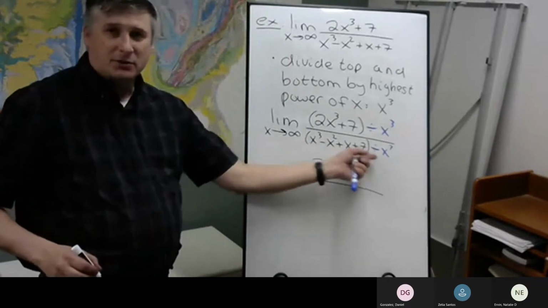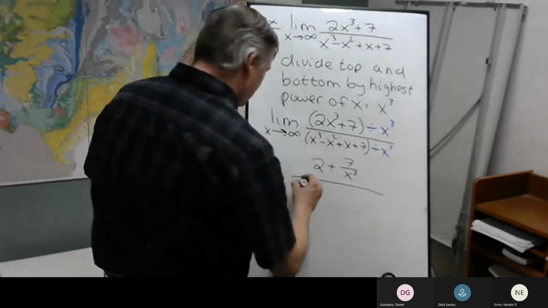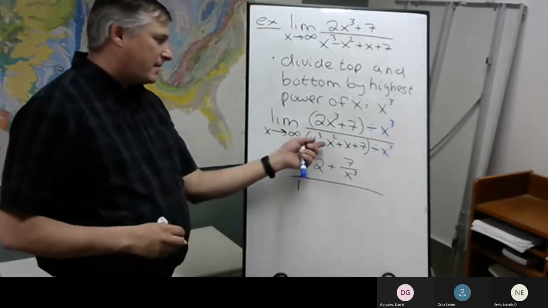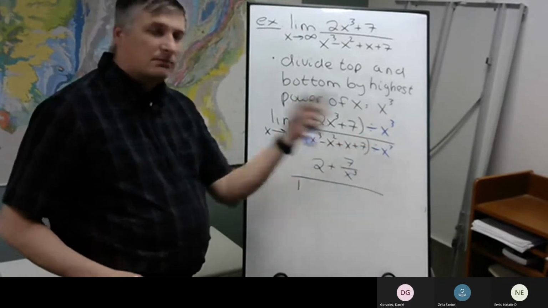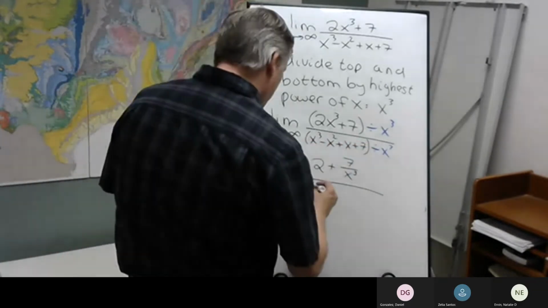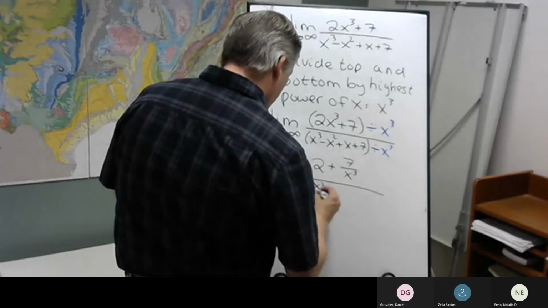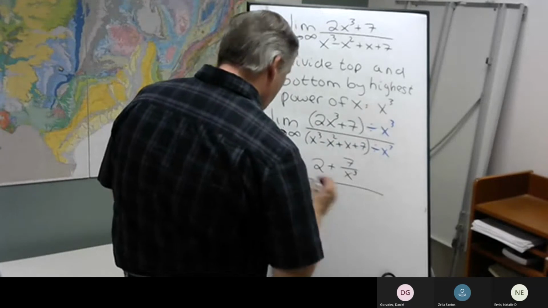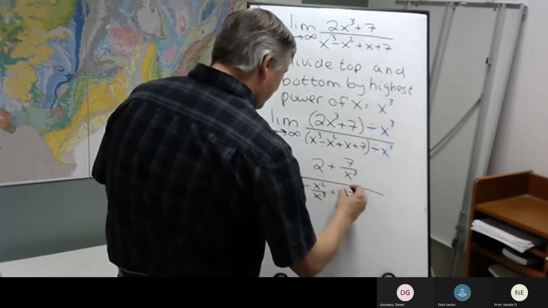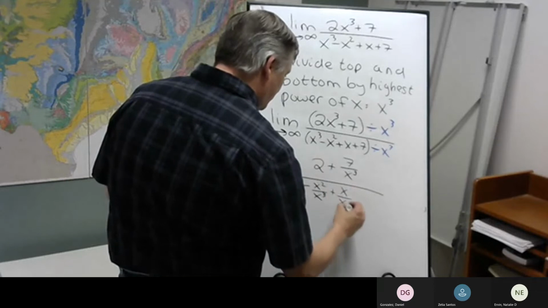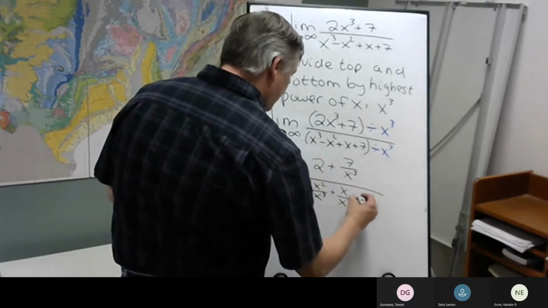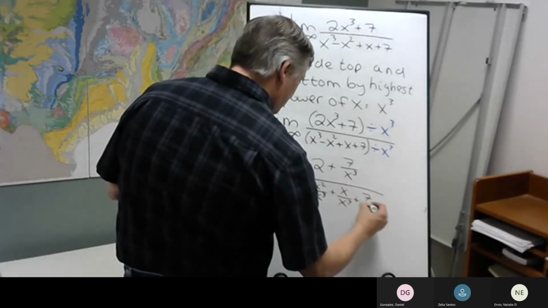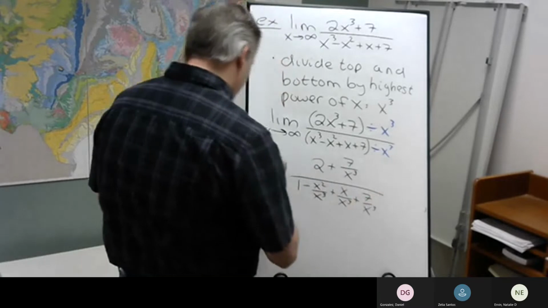X cubed divided by x cubed is 1. Then we have minus x squared divided by x cubed. And then we have x over x cubed. And then 7 over x cubed.